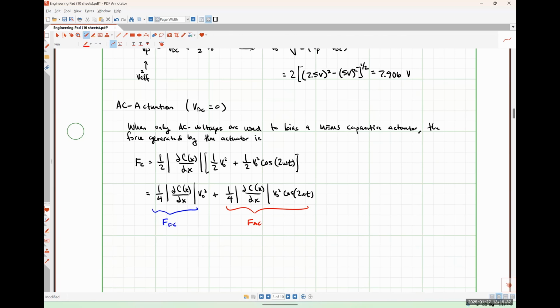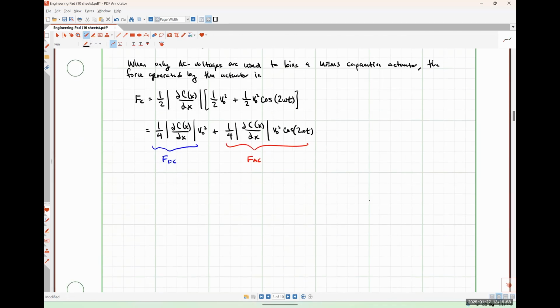So if omega is equal to omega naught over 2, and then we double that because of the AC term there, we're going to get force generated at the mechanical resonant frequency, which would generally be a good thing because that's where we're going to get the largest amplitude of oscillation with the smallest amount of input energy, okay? So let me just make a note here.